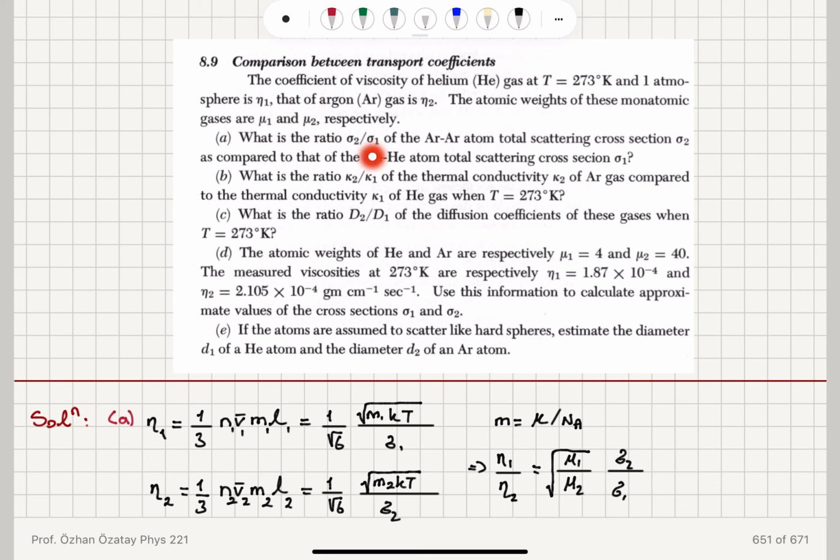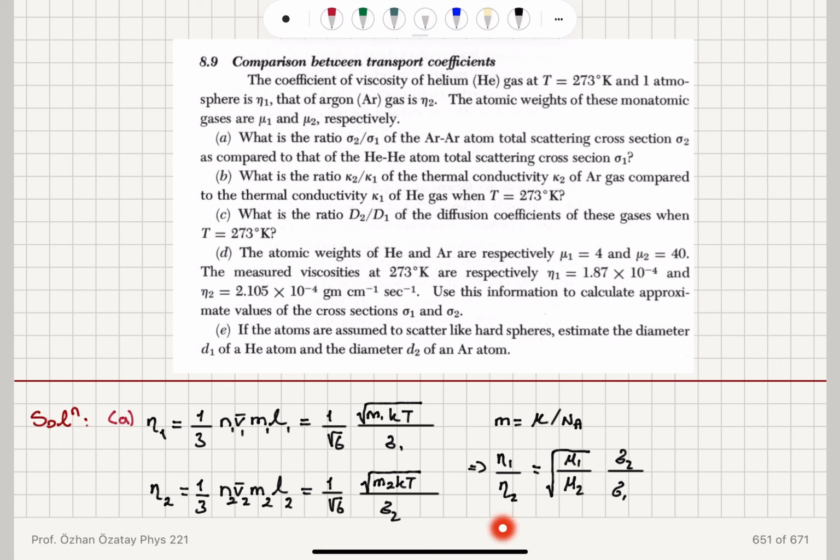First, to calculate the ratio of the total scattering cross-sections knowing the viscosities, we use the result of elementary kinetic theory, 1/3 m v bar l, and substituting for l, 1 over square root 2 n sigma, the n values cancel, and for v bar we substitute square root 3 kT over m. This gives us our familiar result, 1 over square root 6 times square root of m kT over sigma.